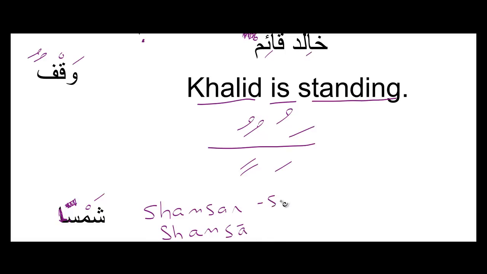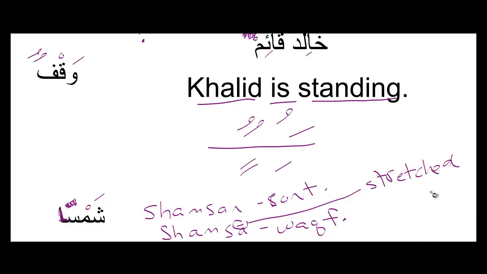So this is when it's continuously pronounced, and this is in a state of waqf. I put this little line here because it signifies that this a is stretched. Meaning we don't just say shamsa because of this alif, but we say shamsaa, shamsaa.